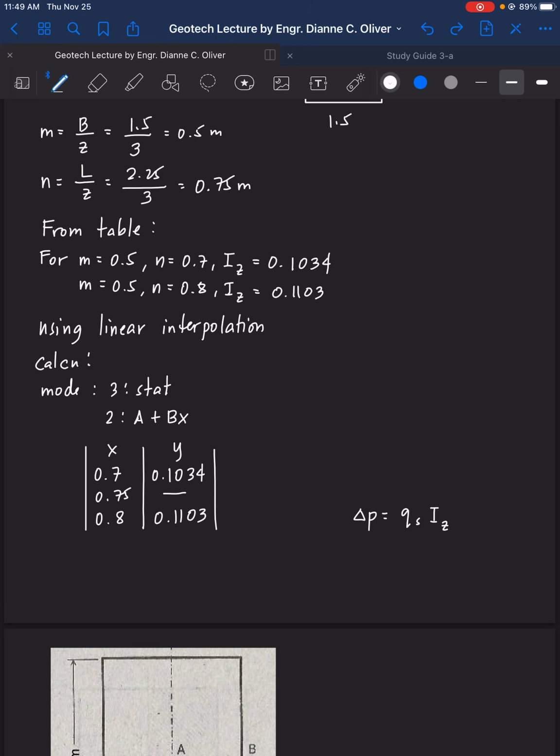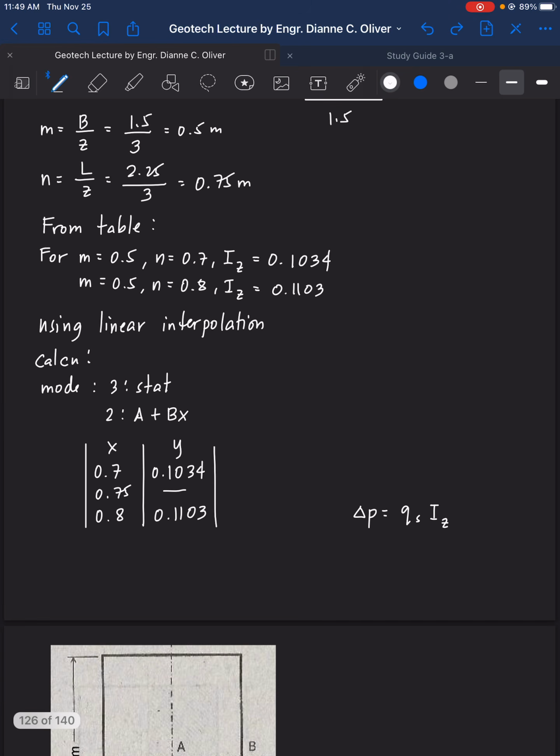Input 0.7 equals, 0.8 equals, then go to the right, then input 0.1034 equals, 0.1103 equals, then click AC.